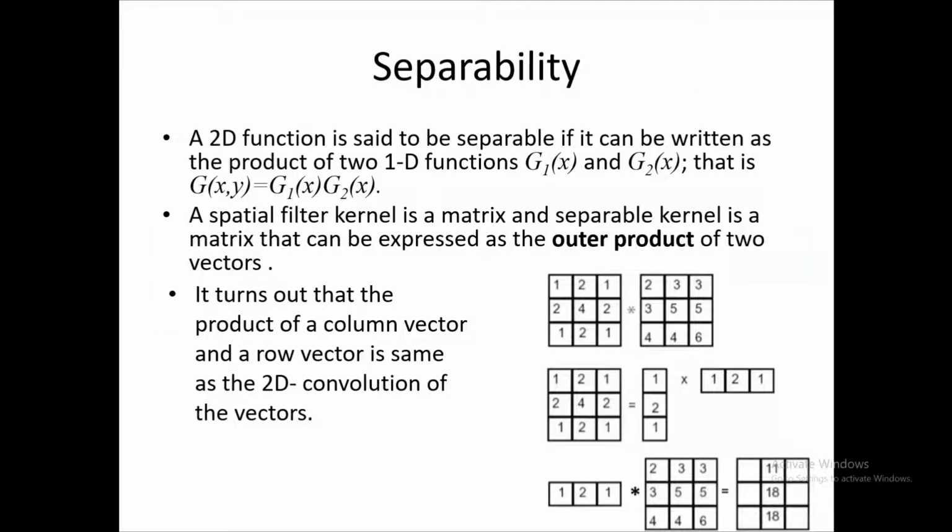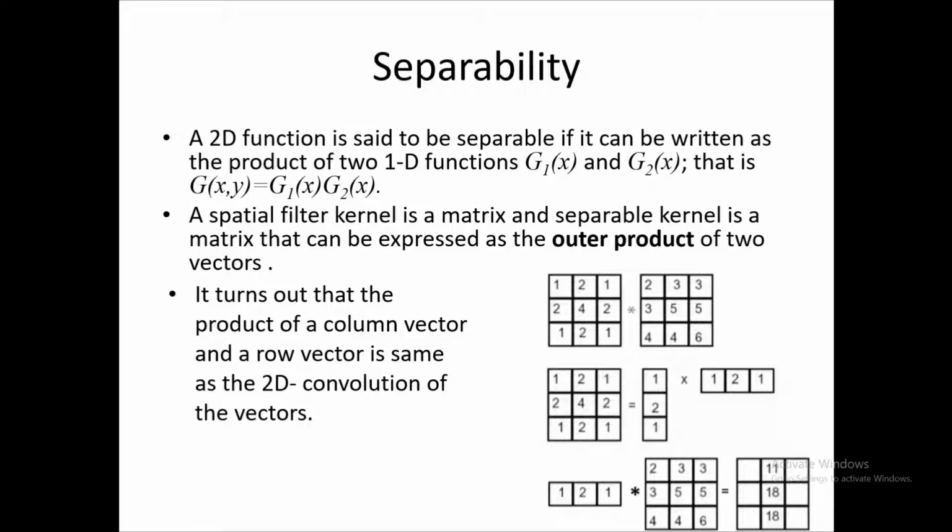And another very important term in filtering is separability. A 2D function is said to be separable if it can be written as a product of two 1D functions, g1(x) and g2(y), that is g(x,y), we can express it in terms of the product of two functions.